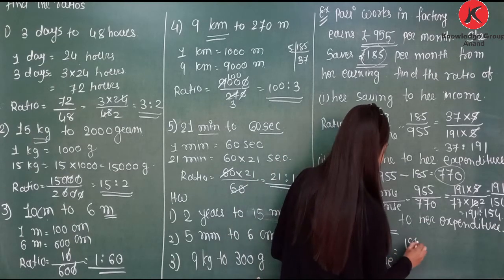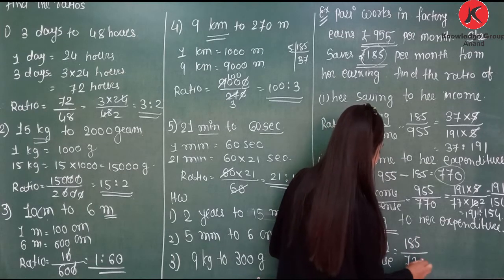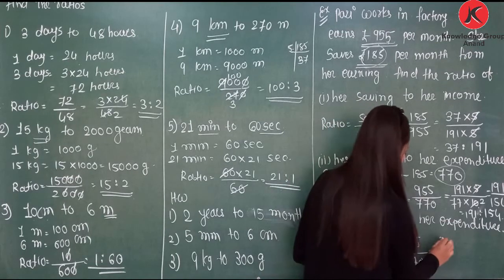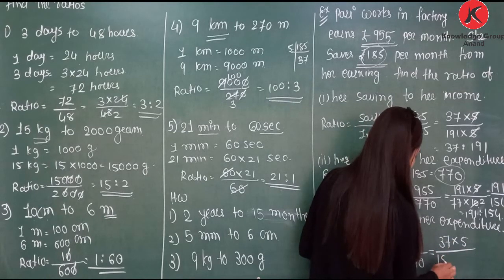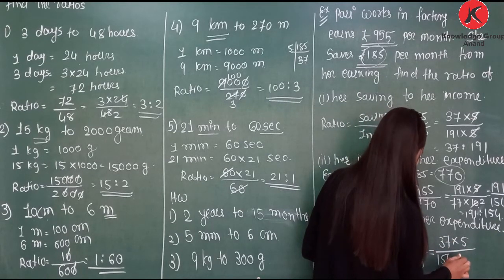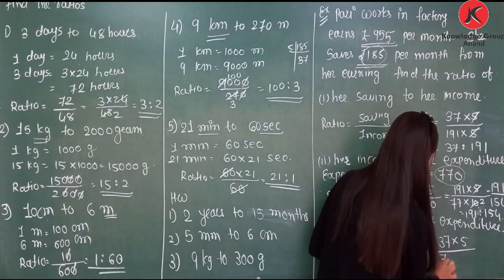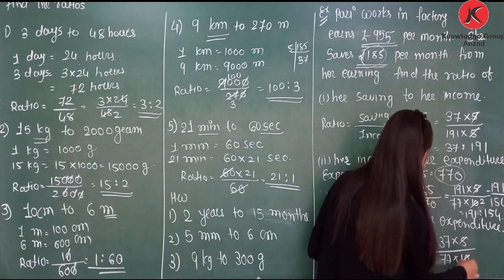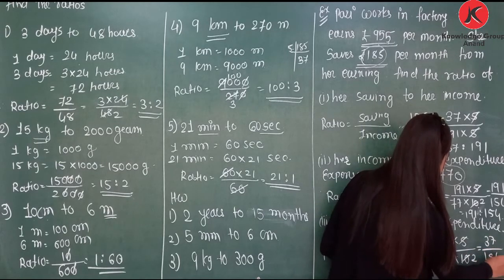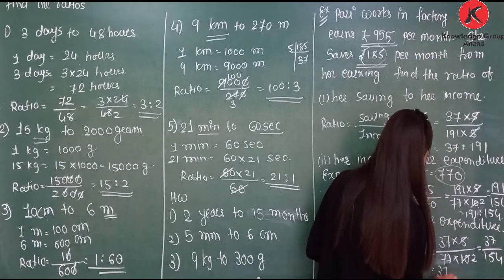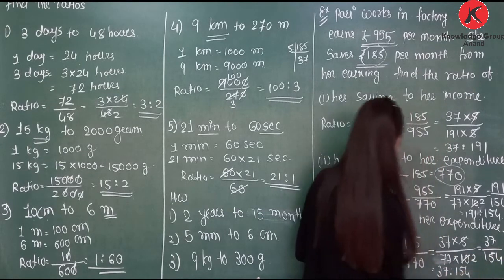Saving is 185, expense is 770. Factorize this. So here 37 multiplied by 5 is 185, and 770 is 77 multiplied by 10. So here we get 37 by 154, so we get 37 is to 154, that is the ratio.